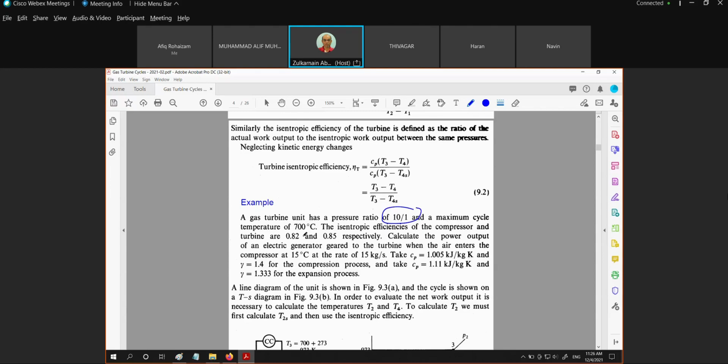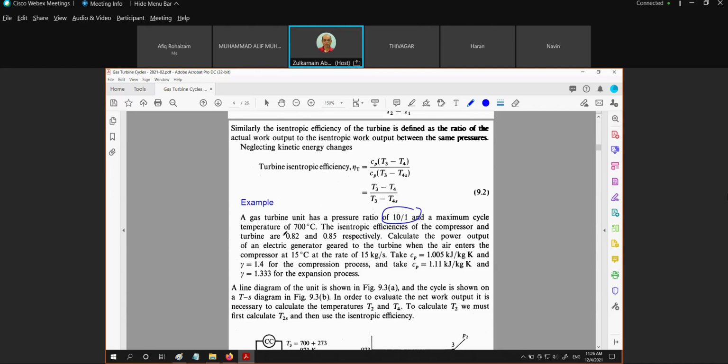Although the combustion chamber is not mentioned, the temperature parameter, called the maximum cycle temperature, is 700, usually referring to the temperature at the outlet of the combustion chamber. Only at the combustion chamber will we increase the temperature up to 700 degrees C.